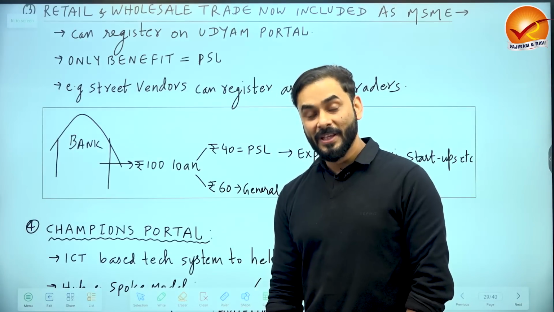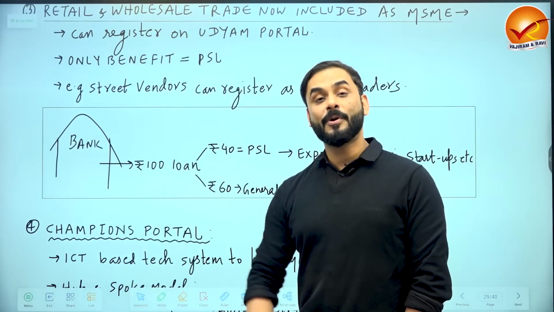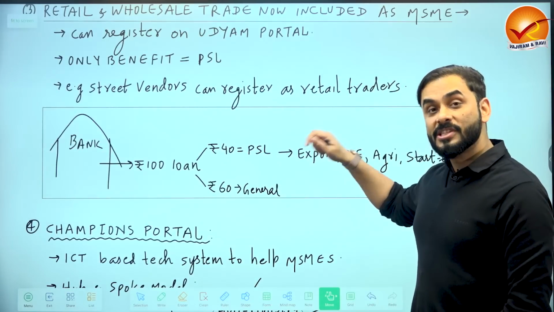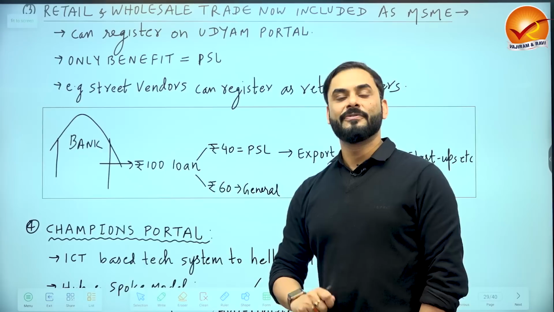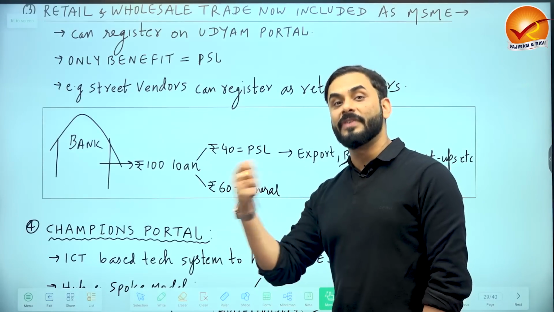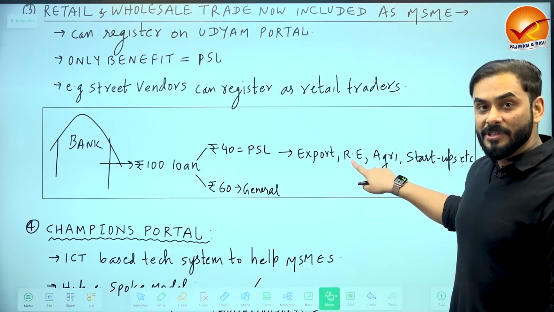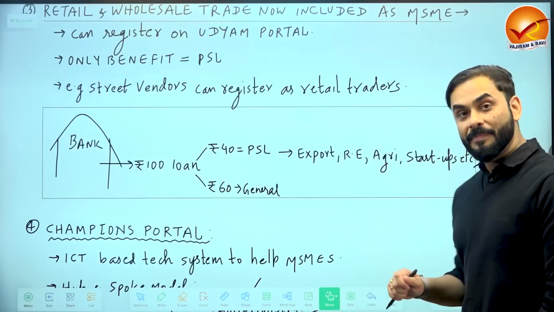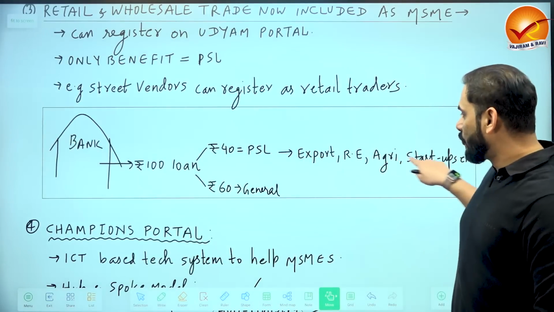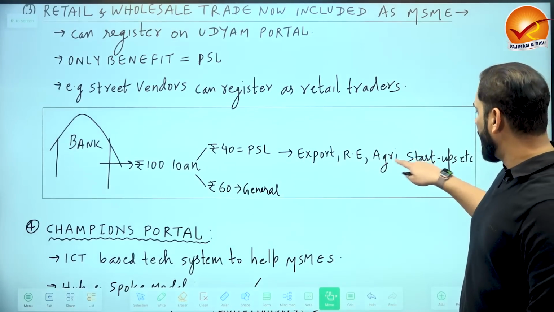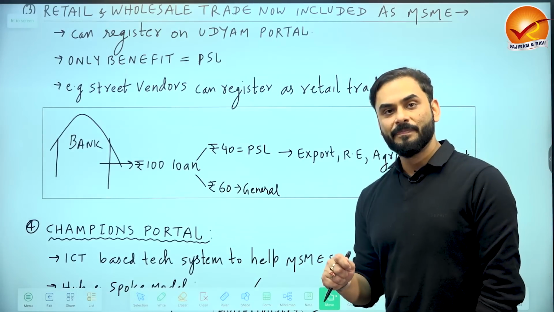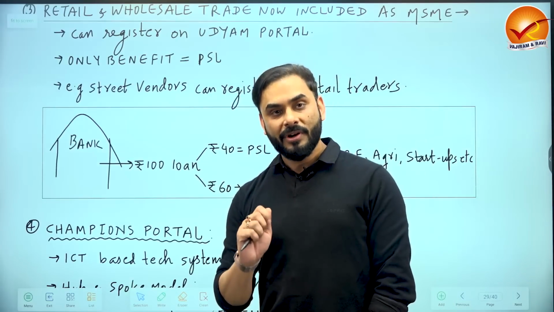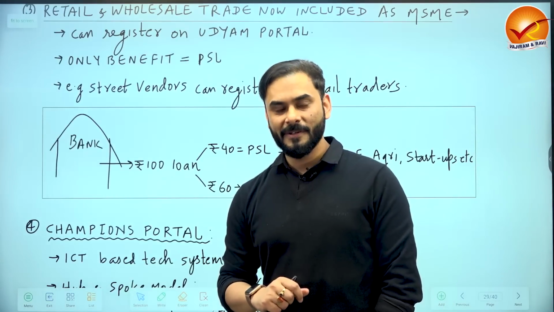RBI says, out of this 100 rupees, approximately 40 rupees should be given to some specific borrowers. For example, those who are in the business of export, renewable energy, farmers, startup companies, etc. These are those sectors of the economy who normally don't get a lot of money because people don't trust them, right?